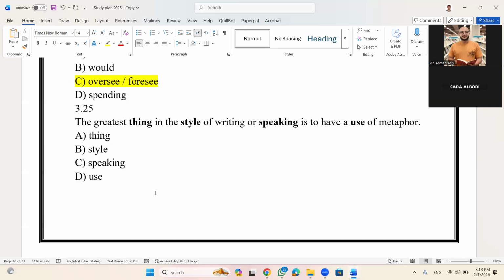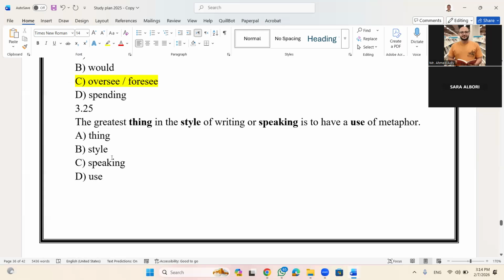The greatest thing in the style of writing or speaking is to have a use of metaphor. I'm not sure, but I think it's use. Use, perfect. It is use, hands down, to have knowledge, awareness of metaphor.